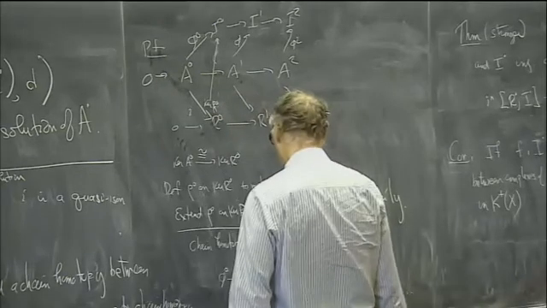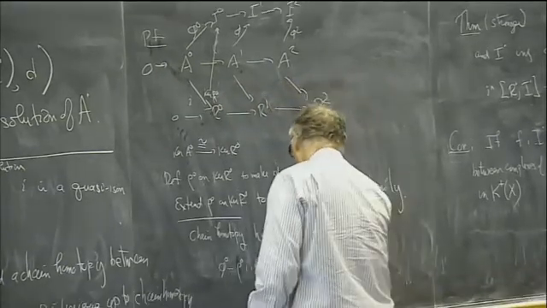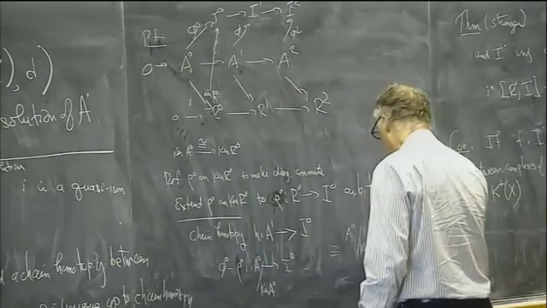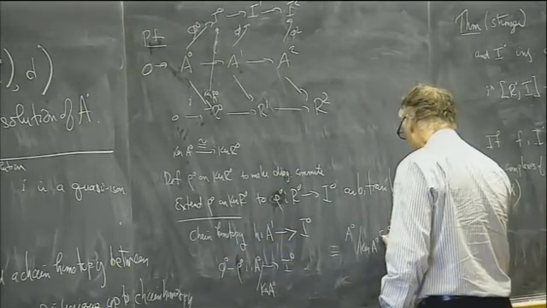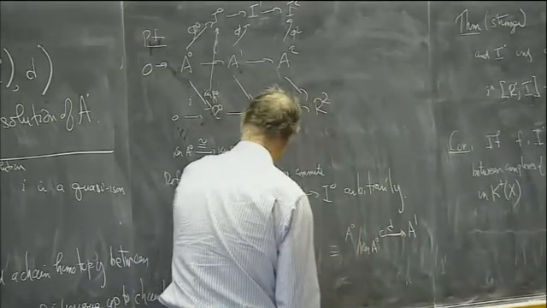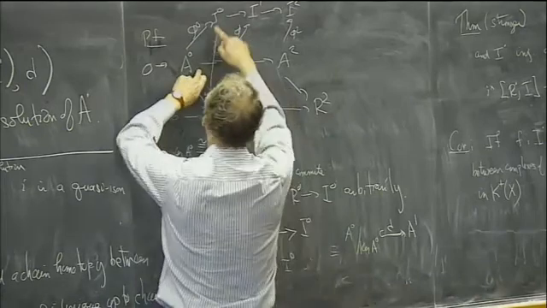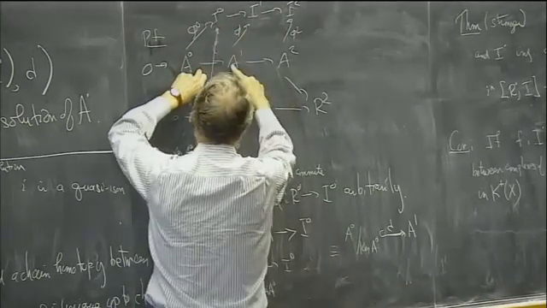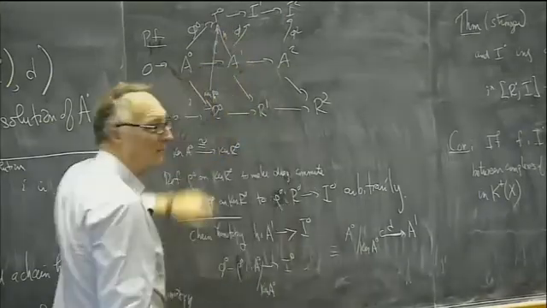All right. And then I can go by D, so A naught mod kernel A naught goes by D into A1, and that's an injection. So this difference gives me a map from A naught mod kernel A naught into I naught. A naught mod kernel A naught embeds into A1, and therefore I can extend the map to a chain homotopy H.